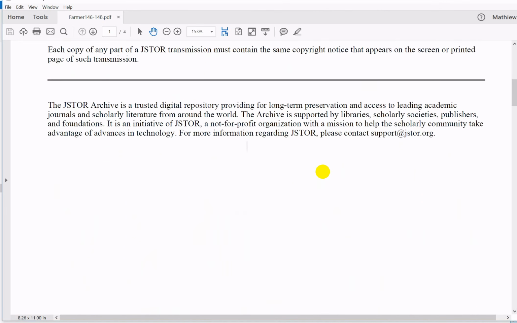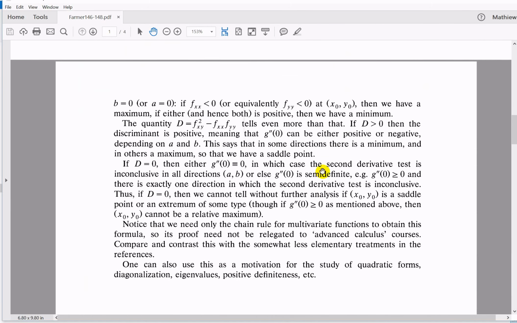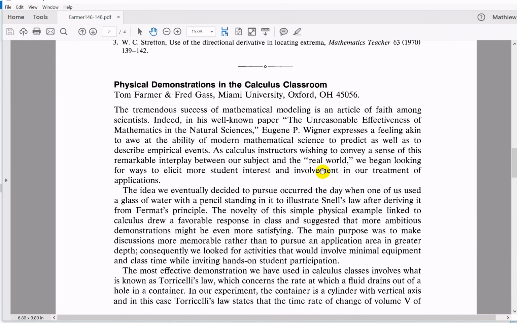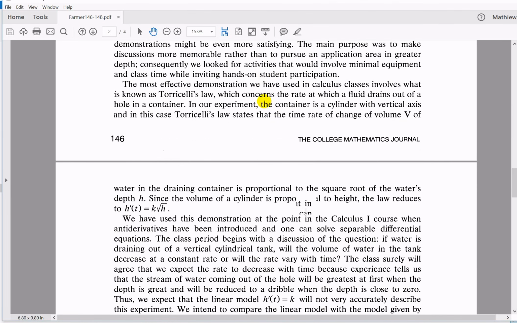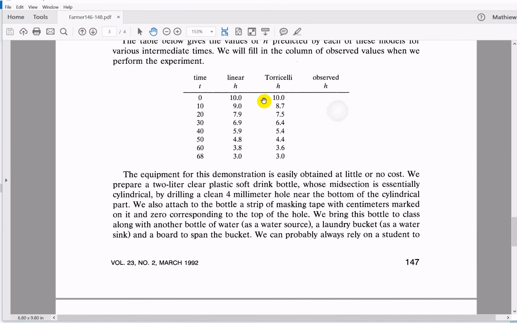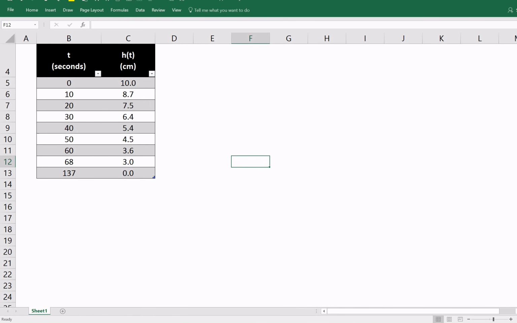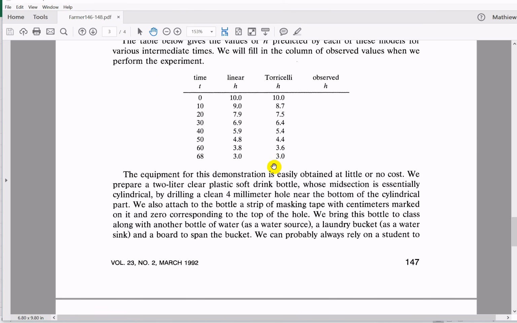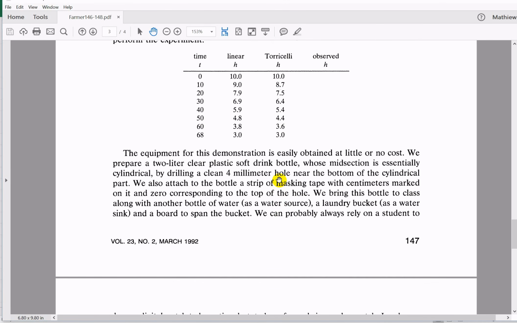This is taken from that journal. Scrolling up to here, this is Physical Demonstrations in the Calculus Classroom, and it goes over that Torricelli model. The linear one is just not the square root. This is the one we did: exactly 10, 8.7, 7.5, 3.6, etc. That's exactly here, so that's the one they got, and that's exactly our model.